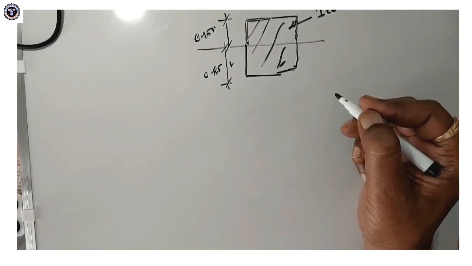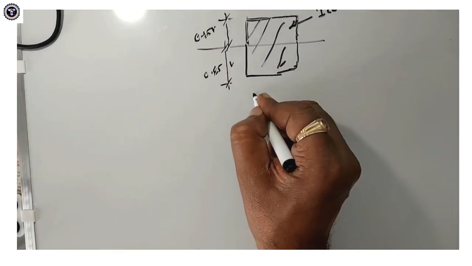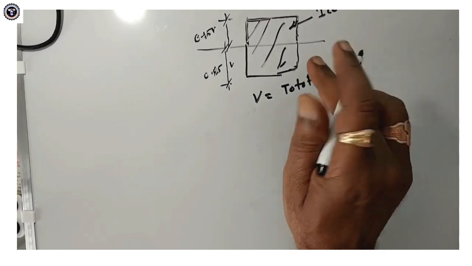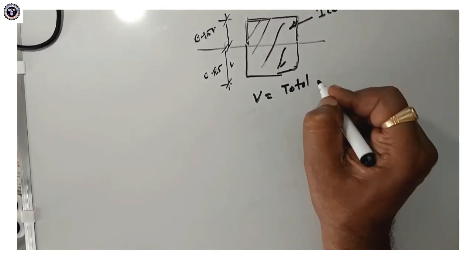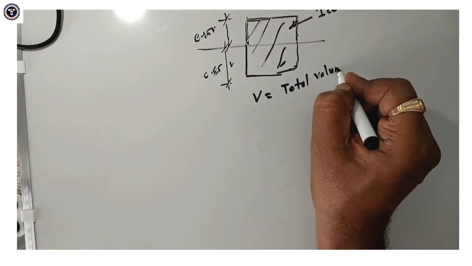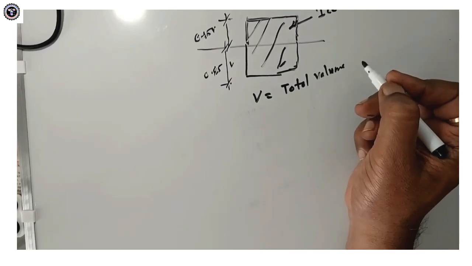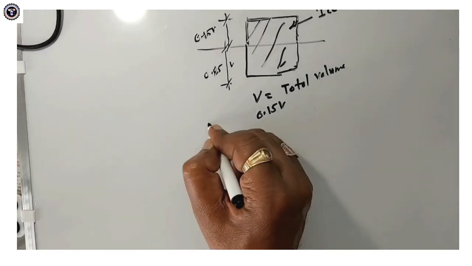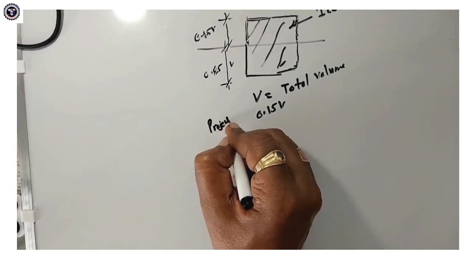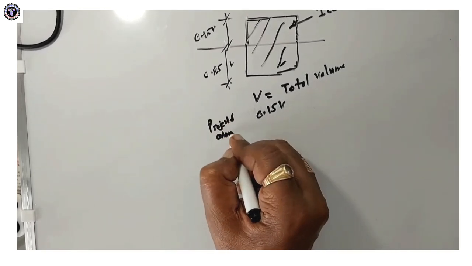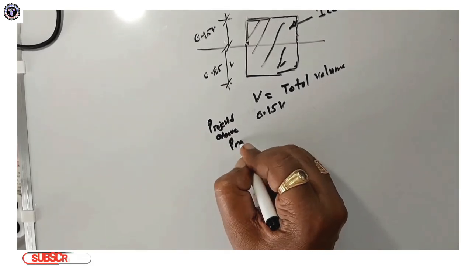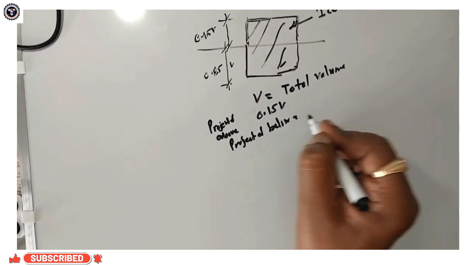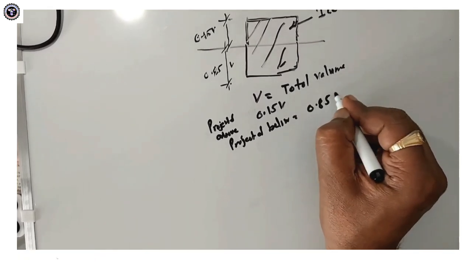The total volume of ice is V. Projected above is 0.15 V, and projected below is 0.85 V.